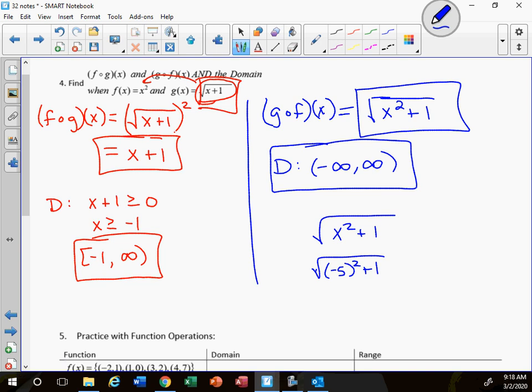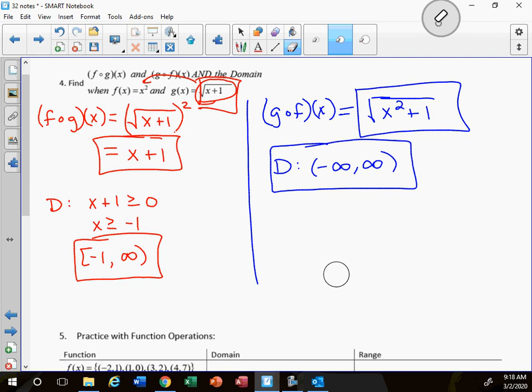Is that okay? Yeah. There's no way to make what's under here negative. So that means there's no restrictions on the domain. It can include everything, okay? Which is weird for a square root, but because we're adding and it was squared, everything works. Okay. All right.